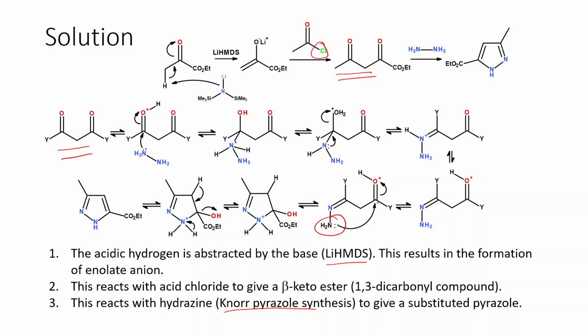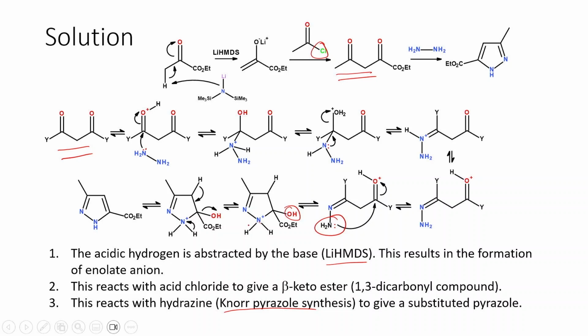So the first step ends up with an intermediate similar to an iminium derivative, and the second carbonyl unit has an electrophilic carbon that can be attacked by the terminal nitrogen unit. So that leads to the cyclization. This is the crucial step in the cyclization, and here we have a hydroxy unit and the nitrogen has a positive charge.